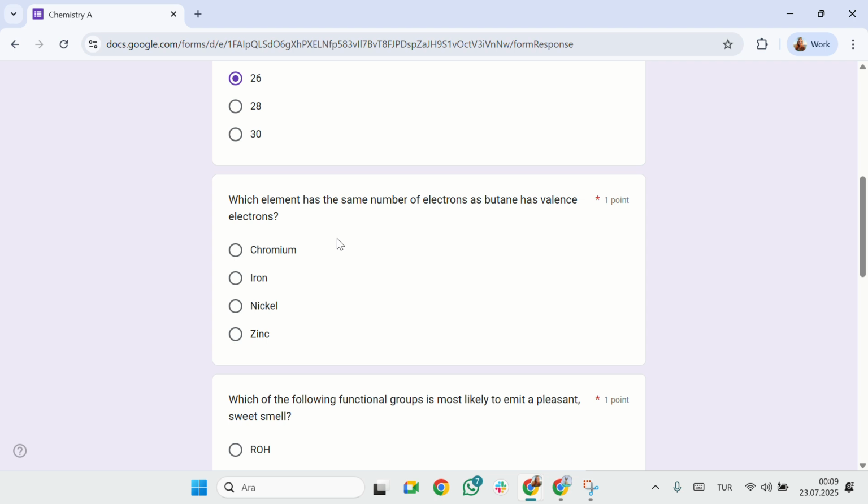Which element has the same number of electrons as butane has valence electrons? Okay, I said 26, but I don't know which. I need to see the periodic table for that.